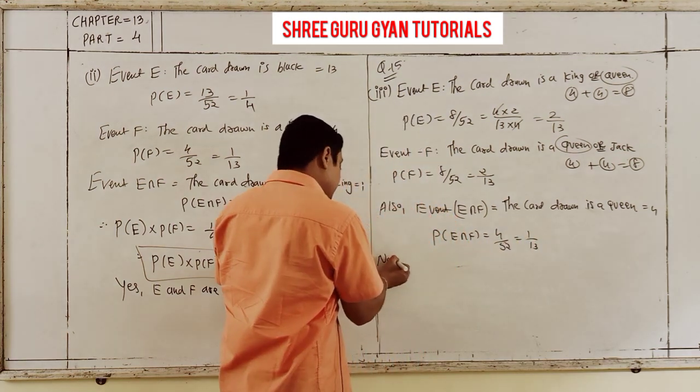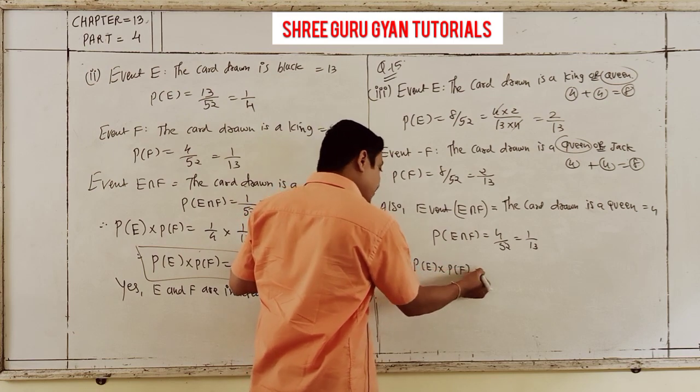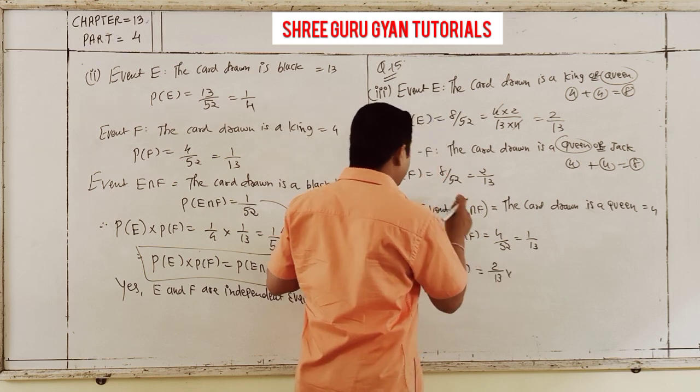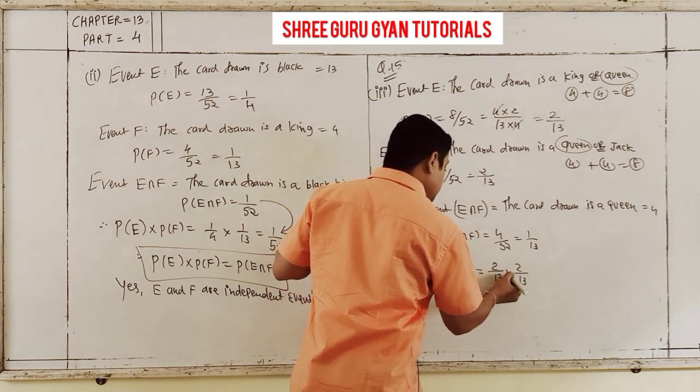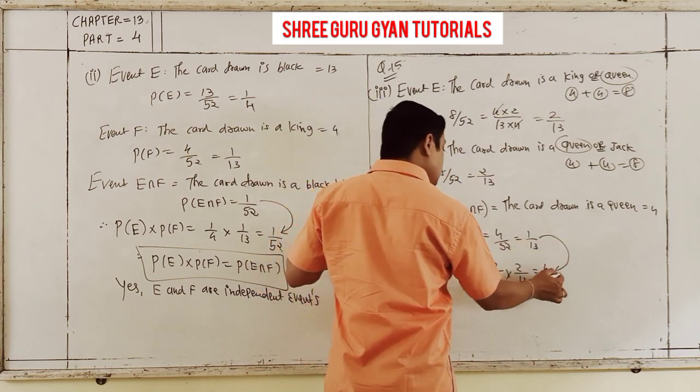Now students, I will check E intersection F. What's E? 2 by 13, and F 2 by 13. So your answer is 4 by 169, and sure, is it equal?